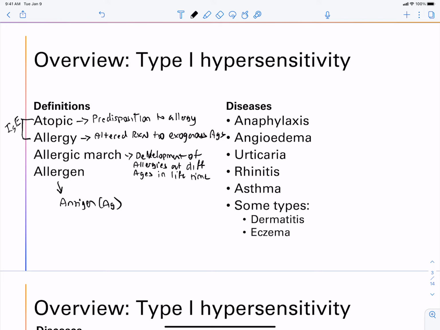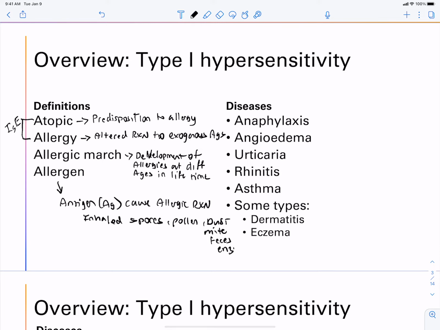The allergen is the actual antigen, and this antigen is going to cause the allergic reaction. And this can be inhaled, such as spores, pollen, dust mite. And dust mite is really the feces, which is an enzyme that causes trouble.